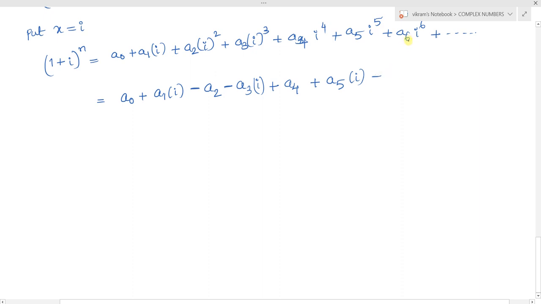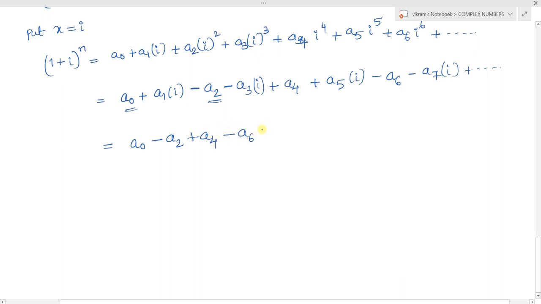I power 4 is plus 1 and I square is minus 1, so a6 gets a minus sign. Then we obtain a7 into I and so on. Now if we separate the real and imaginary parts, we can write the real part as a0 minus a2 plus a4 minus a6.